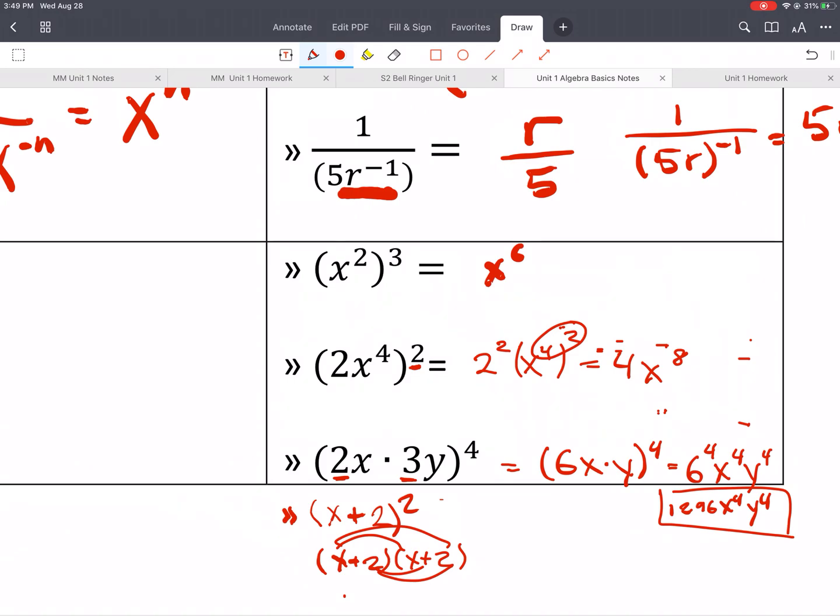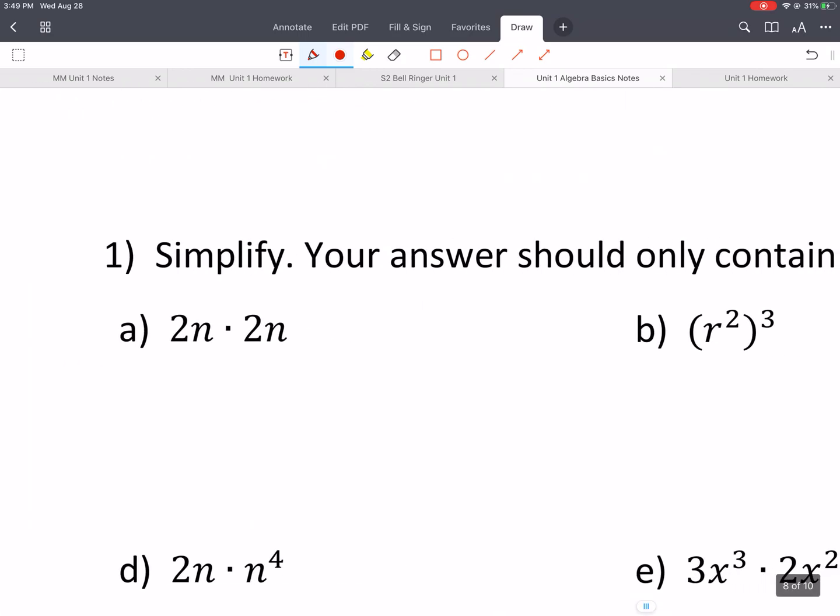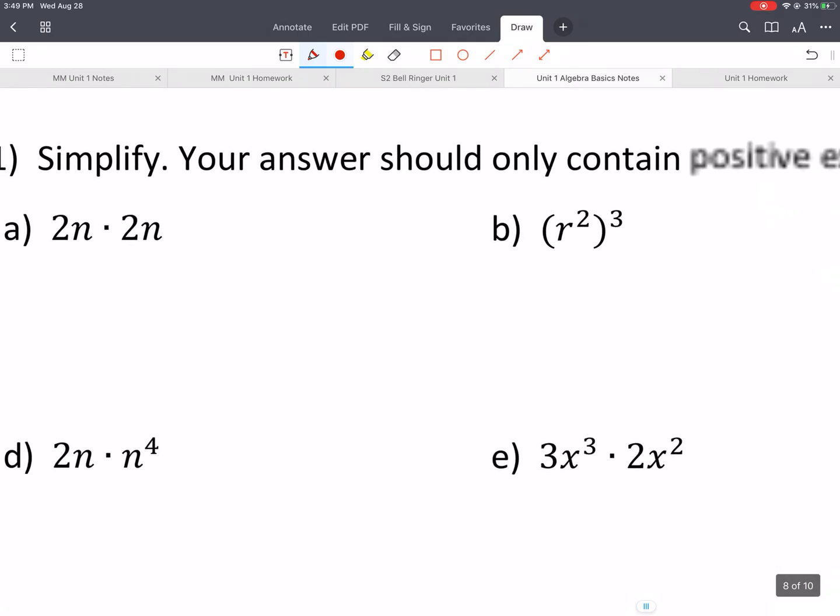And you'd end up getting x squared plus 4x plus 4 after you combine like terms. If you distributed, all you would get, which would be incorrect, is x squared plus 4, which would be wrong. Okay? All right, so here are some examples.